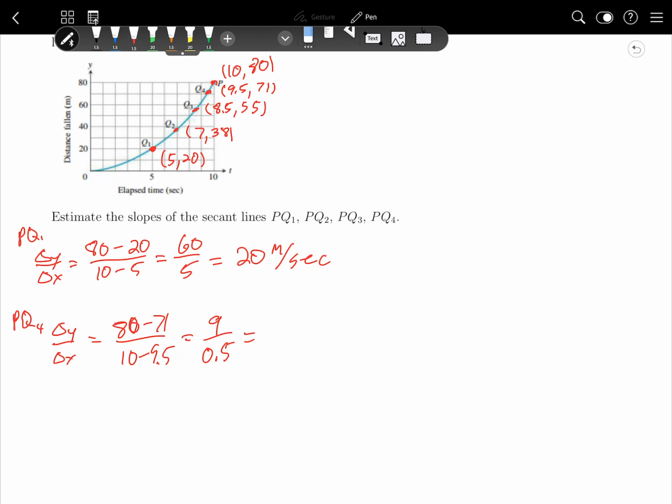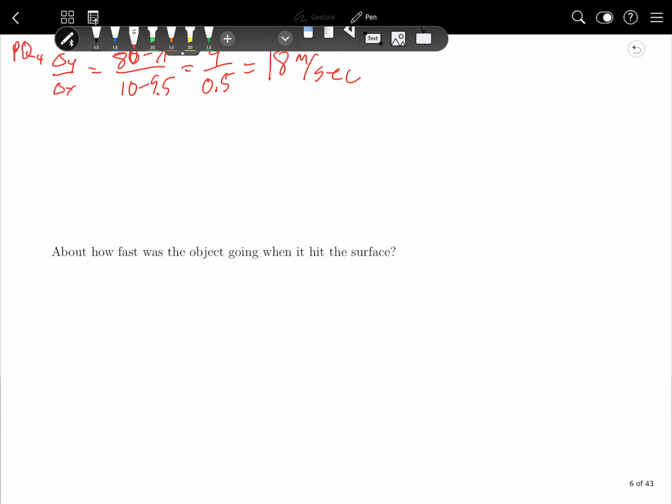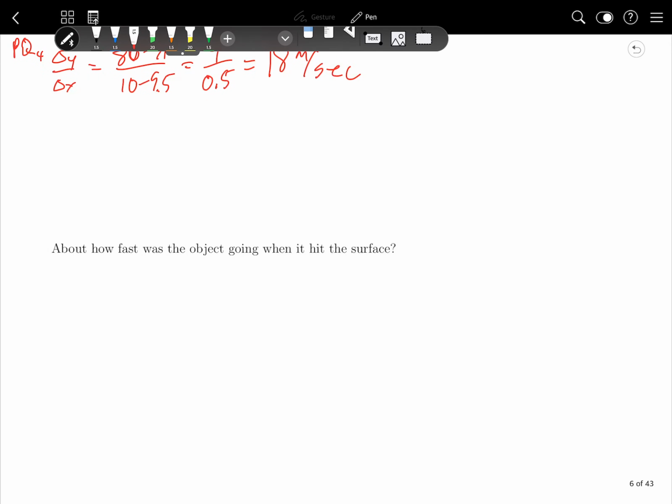Oh, sorry, this one is not correct. This one should have been 12 meters per second. Okay, and then this last one, so that's 18 meters per second. Okay, and so we can see that it's increasing. So about how fast is the object falling when it hits the surface? Well, probably about 20 meters per second.